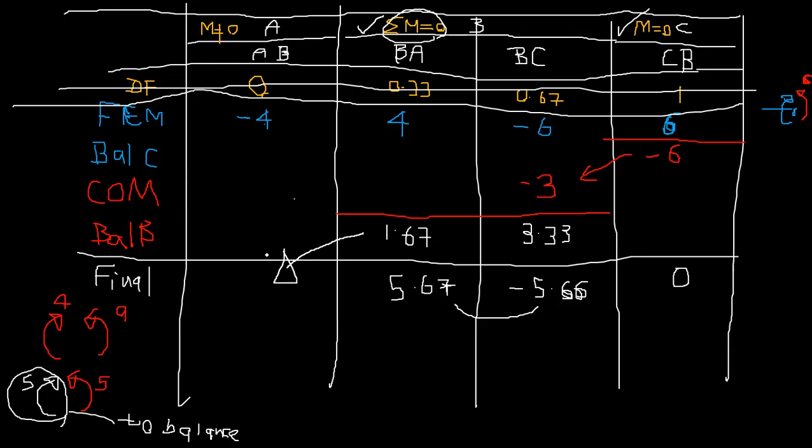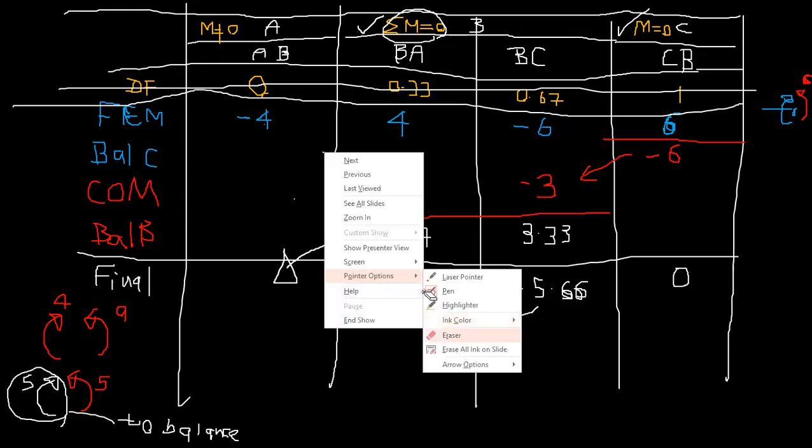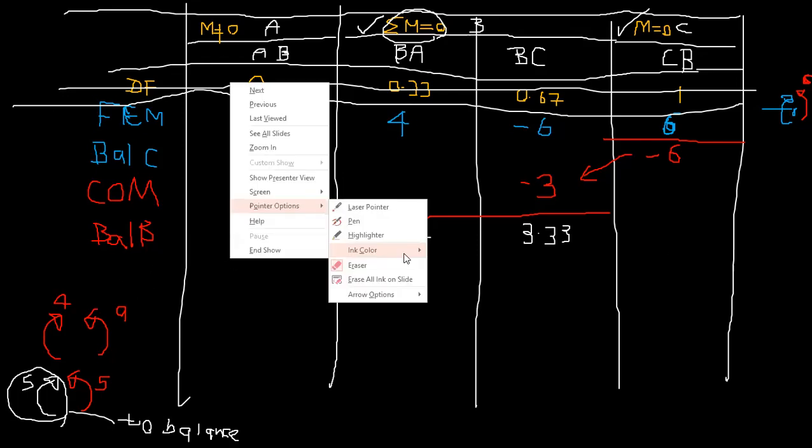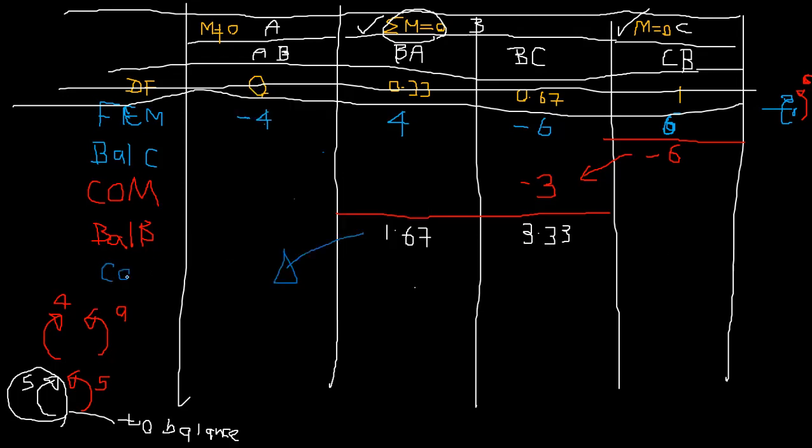I will carry over because that's the final step, as this is not converging further. Make sure you stop at the balancing step, that's good practice. This is continuous to fixed, so that shares half. BA's neighborhood is AB, so continuous to fixed gives half.